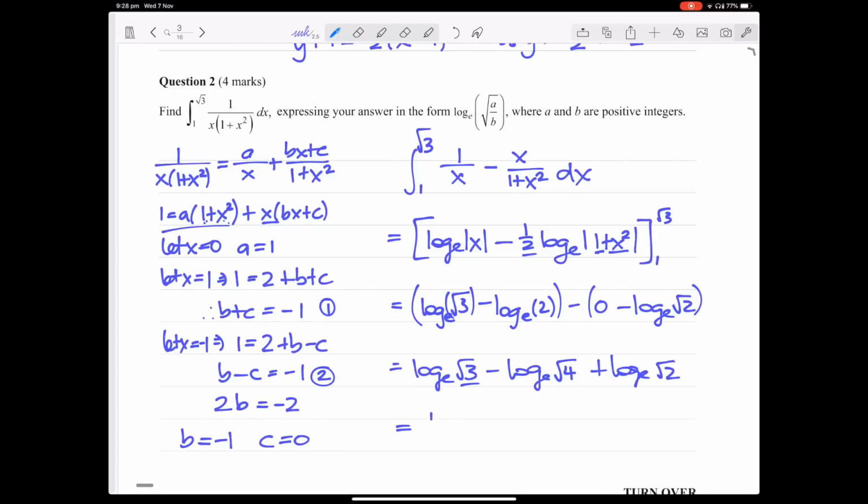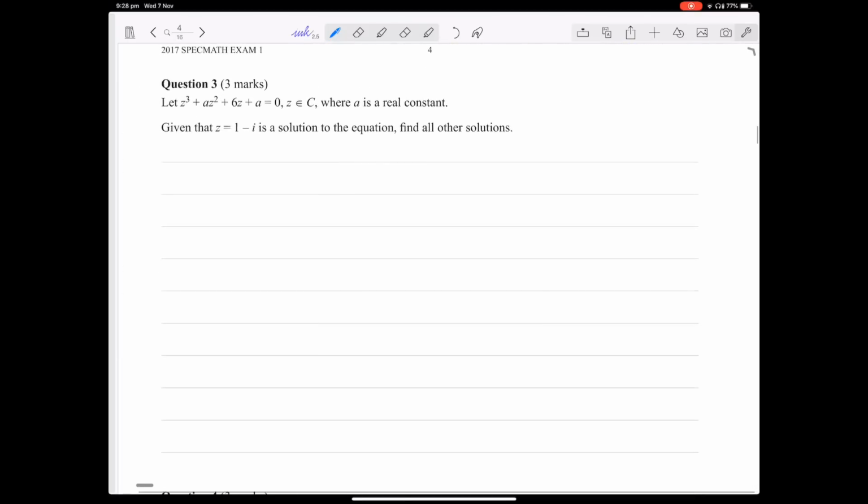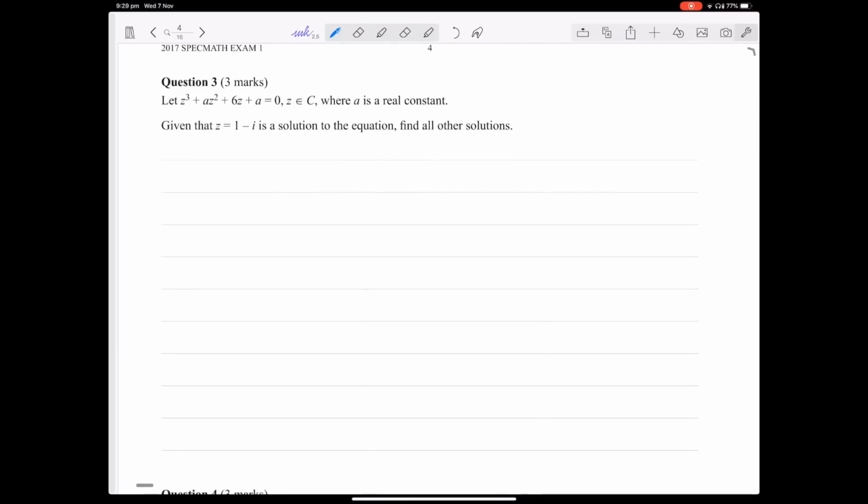So our answer is going to be log e square root, 3 times 2 is 6 on 4, which is log e root 3 on 2. And that's in that form. A and b are positive integers.